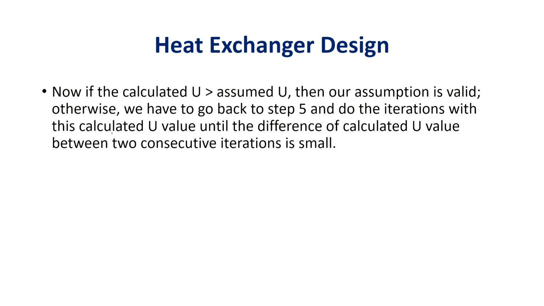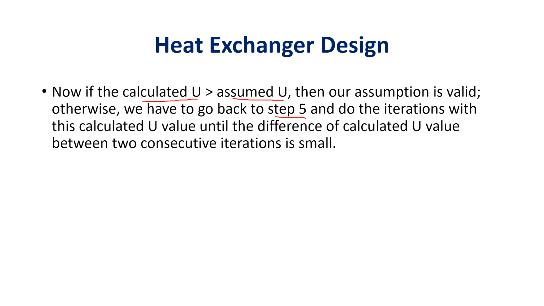Now, if this calculated U value is greater than the assumed U value, and if you remember, we assumed the U value in step number 5, then our assumption is valid and we can go for the design. Otherwise we have to return back to step number 5.